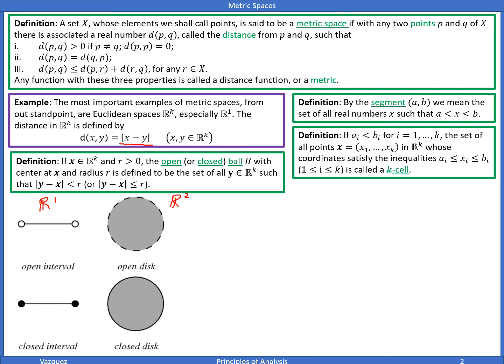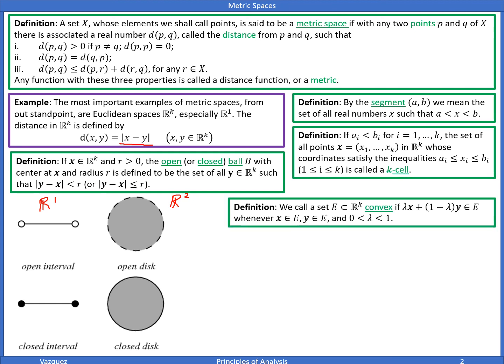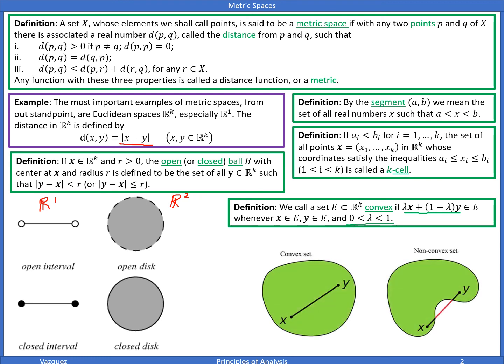One definition that you may have heard before is convex. We call a set E of R^k convex if lambda times x plus (1 minus lambda) times y is in E whenever x and y are in E, and lambda is between 0 and 1. So maybe you know what convex is. Actually, I'm going to pull up a picture here of convex sets and non-convex sets.